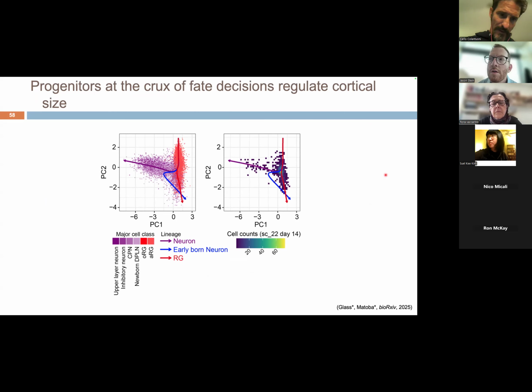Many years ago now, a paper from Dan Geschwind's lab, maybe you were even an author on it, made an observation that in autism brains, the specification of differentiation was less acute. The brains were less regionalized. Yes.